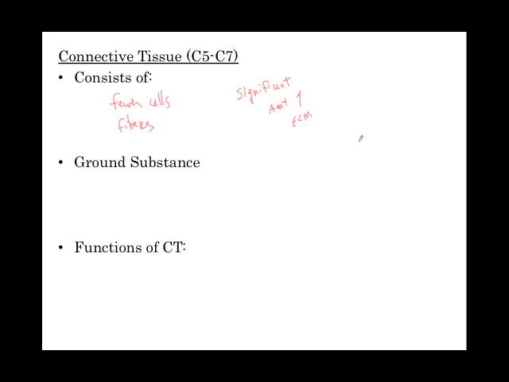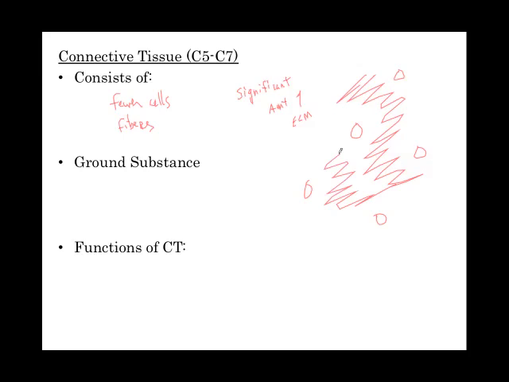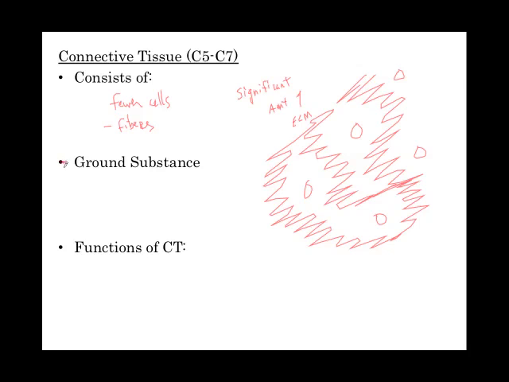Extracellular matrix. So what that means is that here's our cells. They are spaced much farther apart than epithelial tissues, and that space is then filled with extracellular matrix, which consists of fibers and something that we call ground substance.